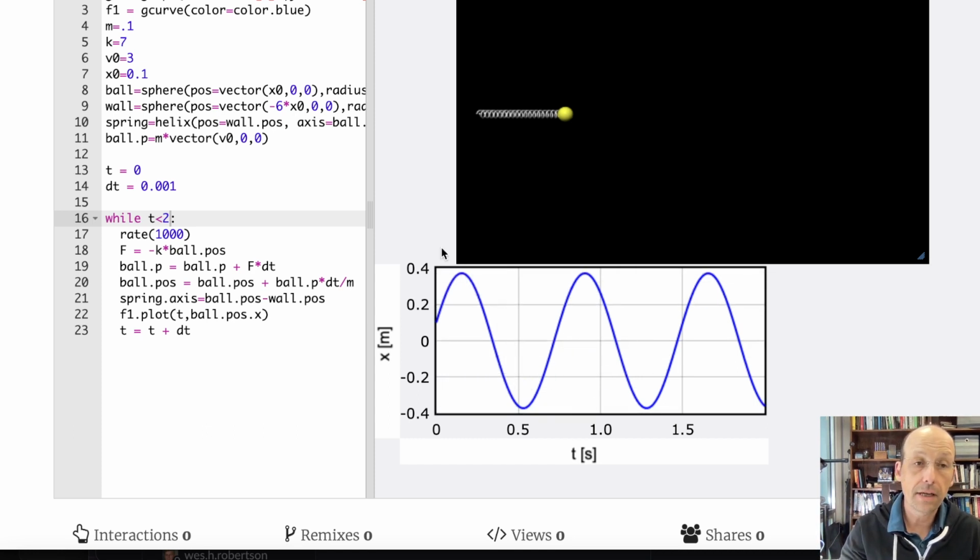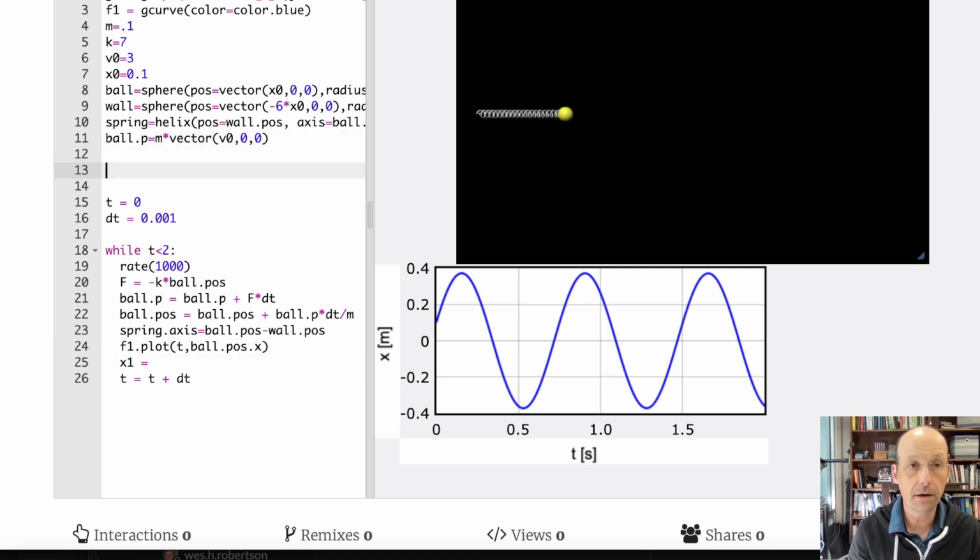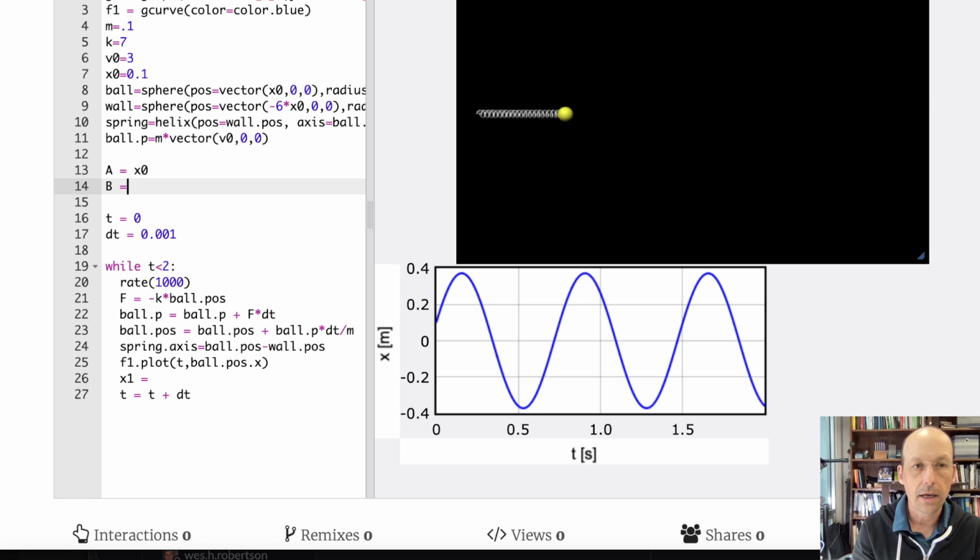Okay, so now let's just calculate x1. Let's calculate a and b. So up here, looking at my equation, a equals x0. I'm going to write it out because it just makes me feel better. And then b equals, I need omega.